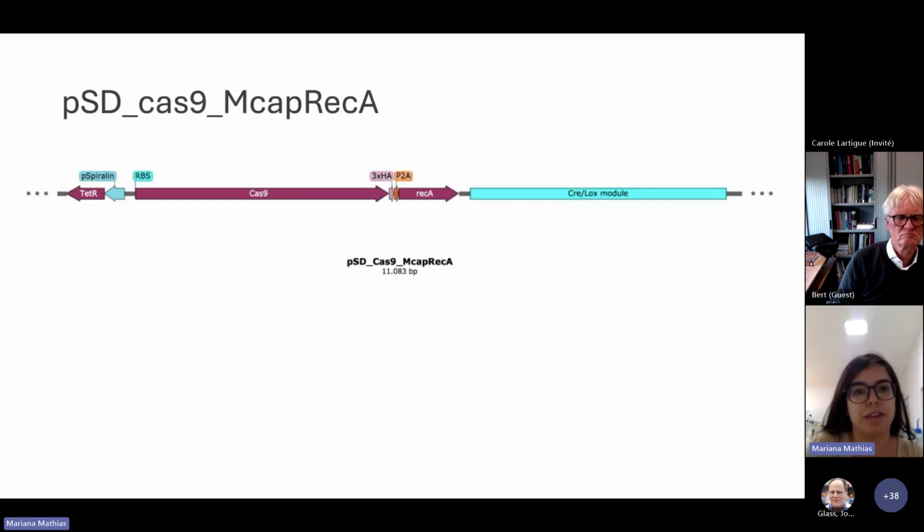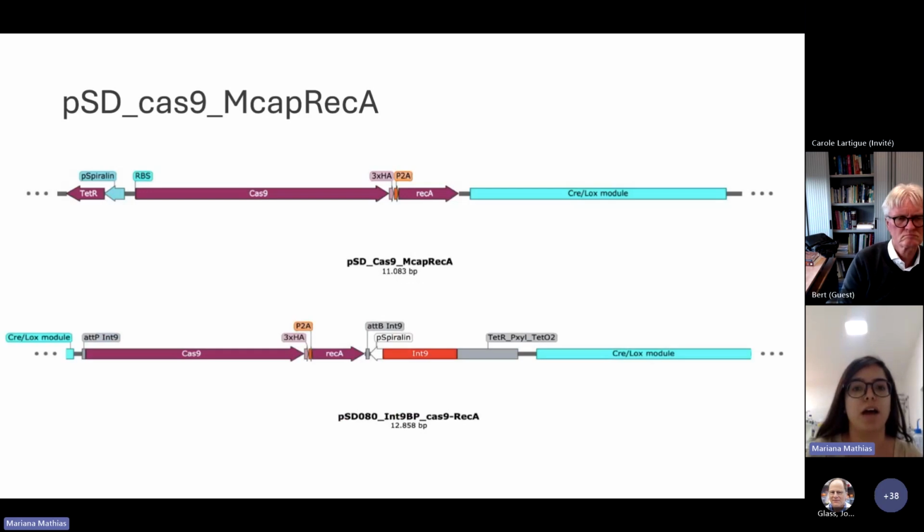To overcome that: our Cas9 and RecA could be leading to a lot of mutations throughout the whole genome. We are trying to control it through an integrase mediated by tetracycline.